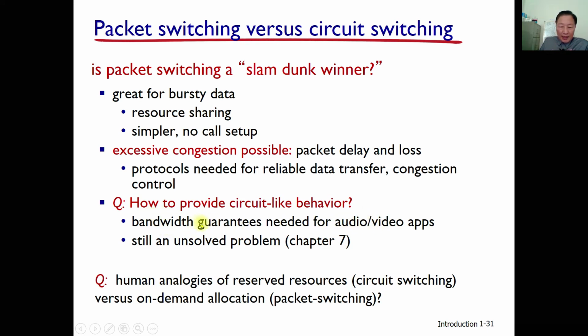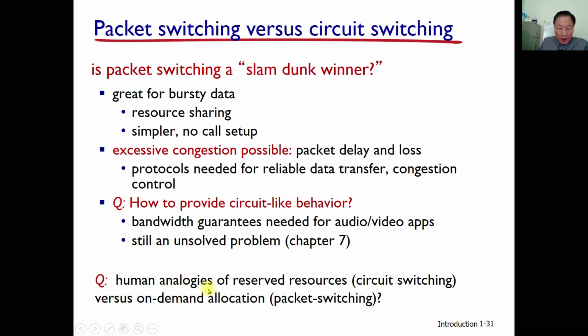Packet switching does not provide that guaranteed bandwidth, so circuit-like behavior will be good, because this is real-time data that requires it. It is still studied and researched, but most of it is solved, thus we are enjoying audio and video applications. Those are called multimedia applications.